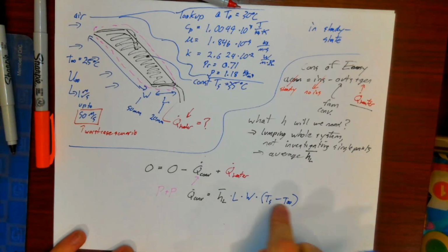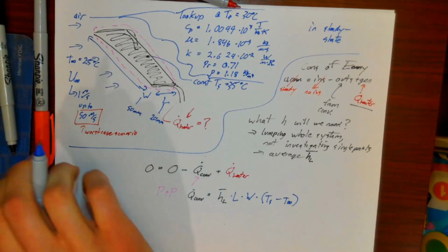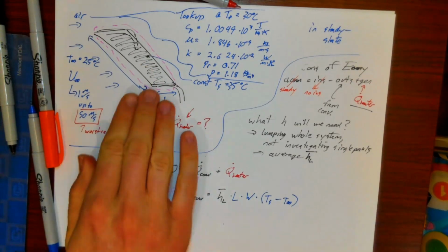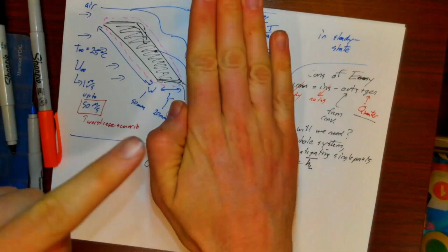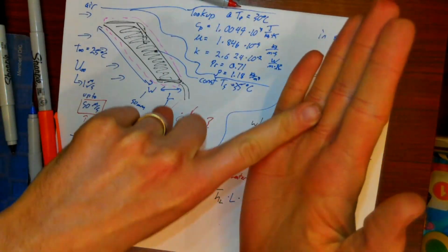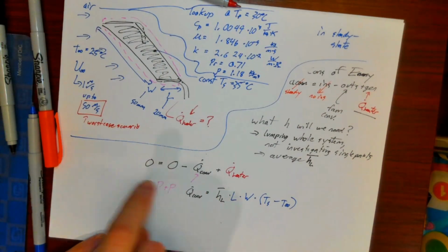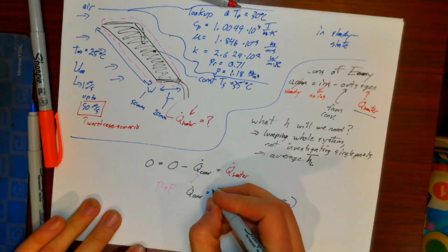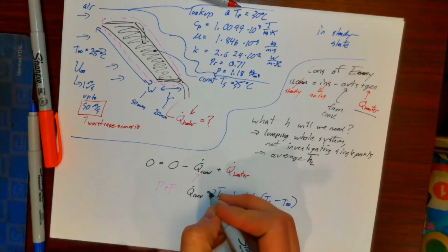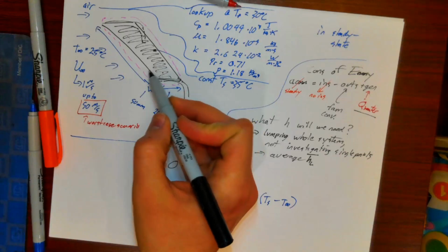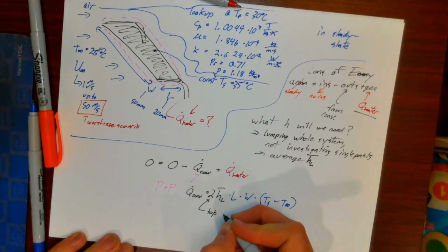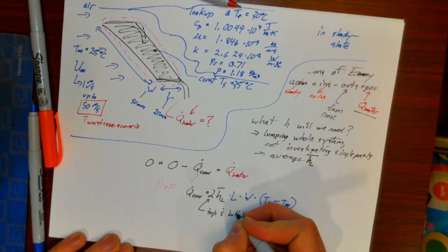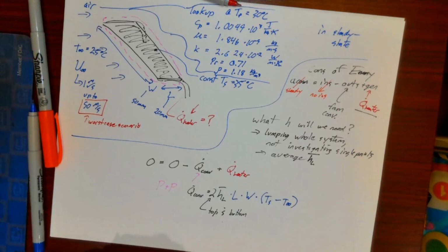Close, kind of. It turns out that this would be true if only one side of the plate were convecting, but these hot strip anemometers have flow both over the top and over the bottom, so we essentially need to double whatever we have here before we plug it in here. So we have convection both on the top and bottom surfaces, and that's why we have this factor of 2 here.